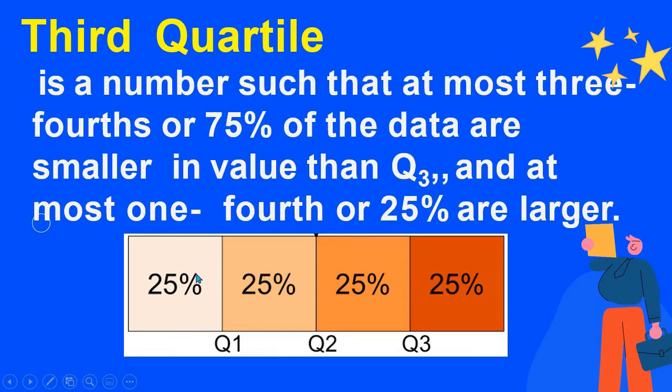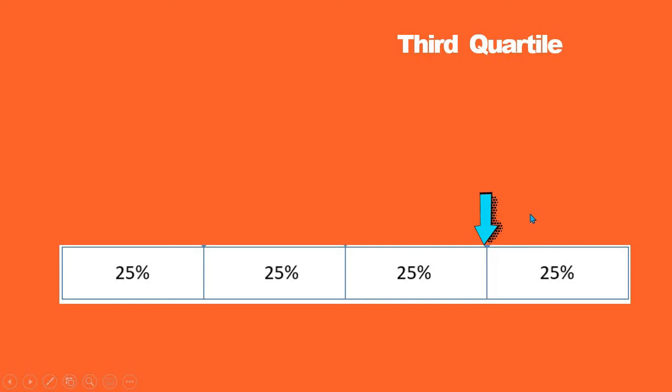On the left side part, 25 plus 25 plus 25, so this is 75% of the data which is smaller in value than the third quartile. And on the right side part, which is only 1/4 or 25%, is larger than quartile 3. Third quartile is also named as upper quartile, or we can have Q3 or Q sub 3 in symbols.